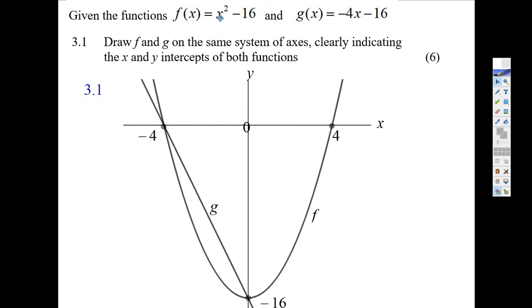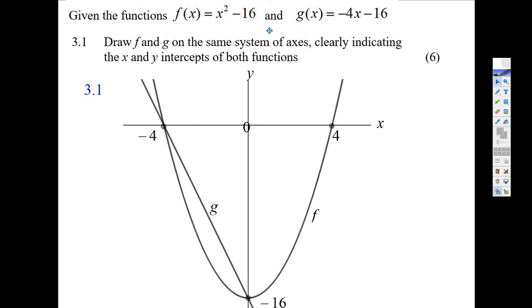And the easiest thing is to let x equal 0, and y equals f of x equals minus 16. So your y-intercept is (0, -16). And it's a happy parabola because that's a positive 1x squared. And all you do is let y equal 0. And you've got x squared minus 16, and you know the two brackets, x minus 4, x plus 4.